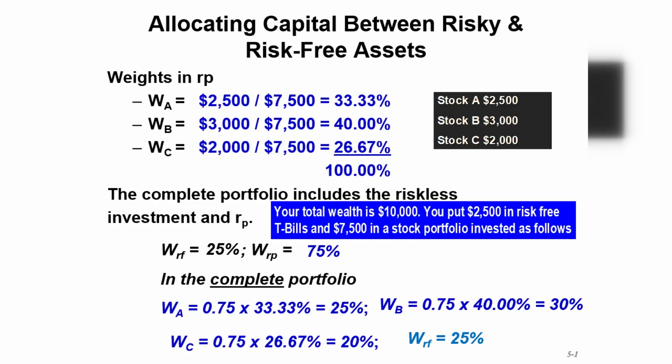Since 75% is in the risky portfolio and 25% in T-bills, stock A ends up being 25% of the complete portfolio. Stock B makes up 30%, and stock C is 20% of the whole. These calculations are essential when you're estimating portfolio return and risk.